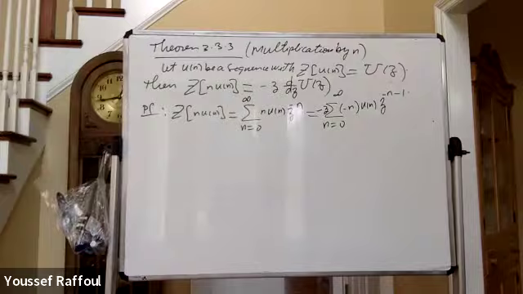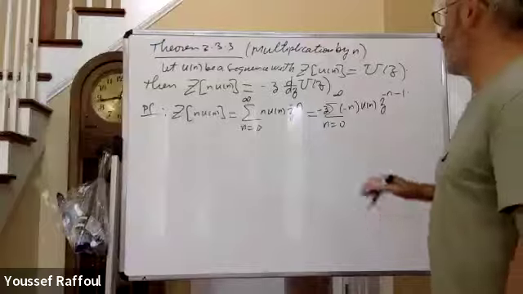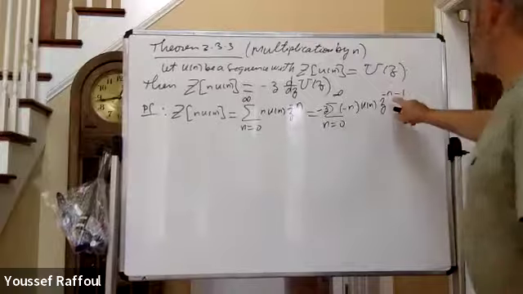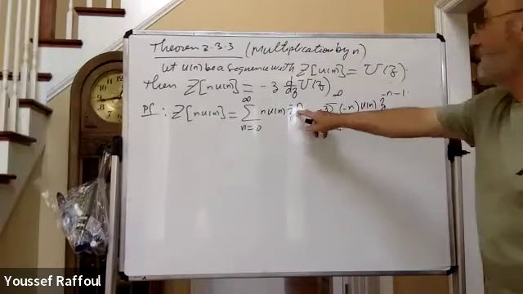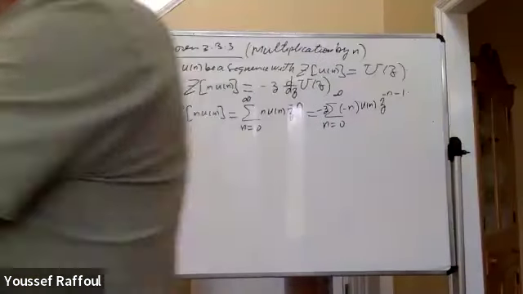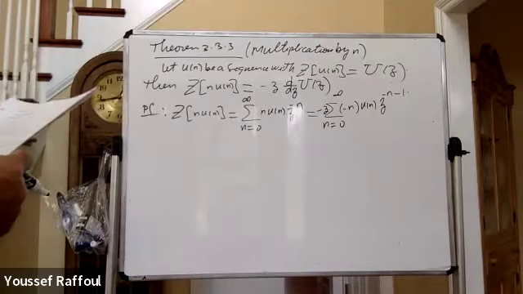Isn't that the same, guys? The minus will give you plus n u_n, z times z^(-n-1) is z^(-n). So all I did is I just rewrote it. Okay?